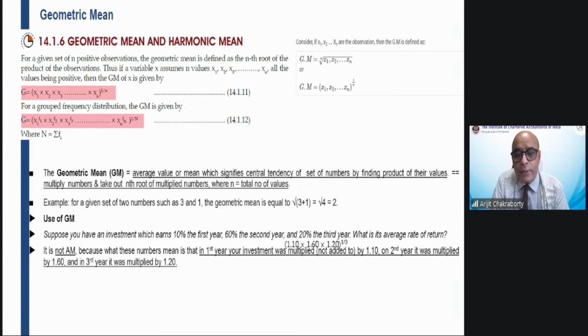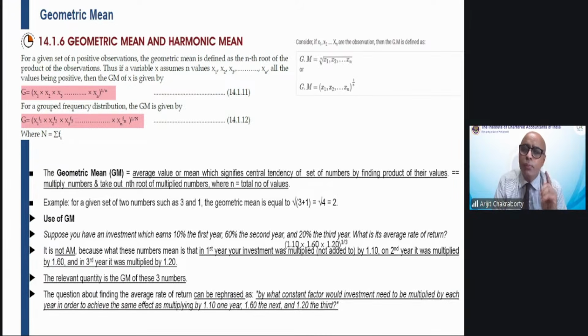Similarly, in the second year, it is multiplied by 1.60. Why? Because we have a 60% return. And in the third year, it is multiplied by 1.20 because, as you can see on the slide, the third year rate of return is 20%. So therefore, since we are dealing with rate of return, the geometric mean of these three numbers will be the most appropriate measure of central tendency.